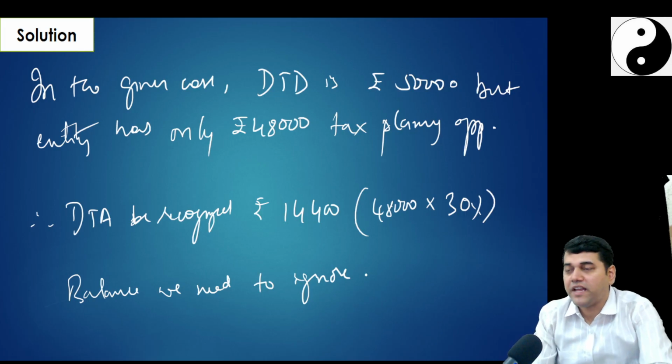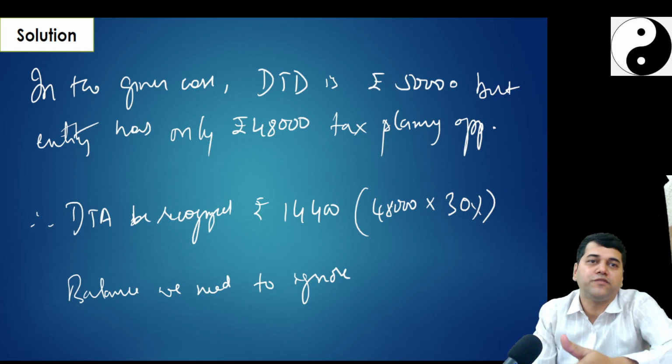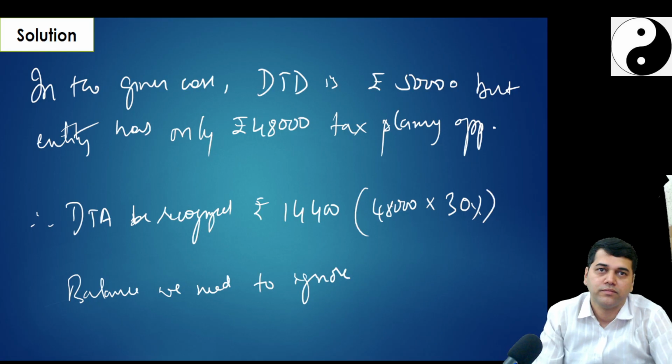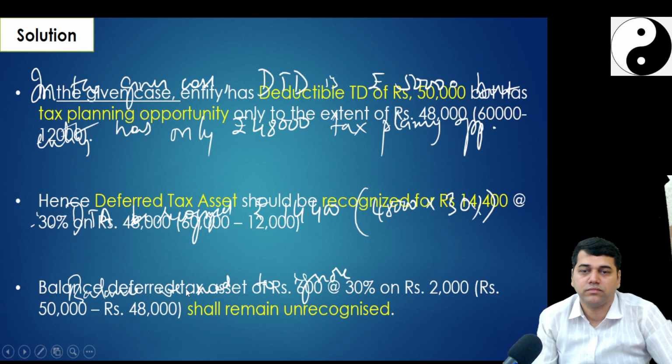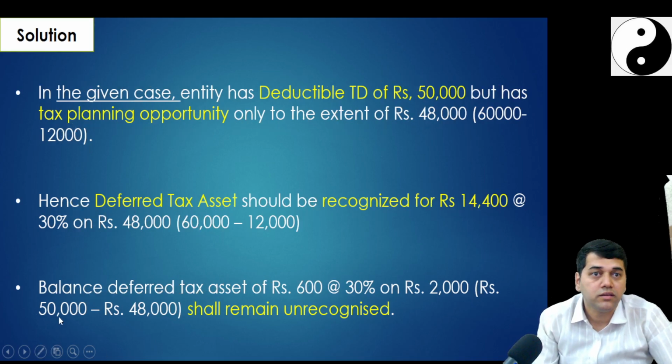Next year, because obviously this difference will come in the next year also, this deductible difference will be there next year. If I find that I can make profits in the future, I will recognize it next year. Otherwise, that 2,000 rupees I will ignore. That is what we didn't consider.